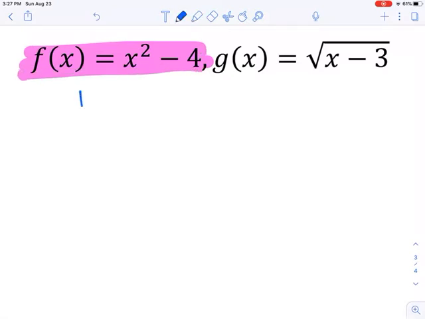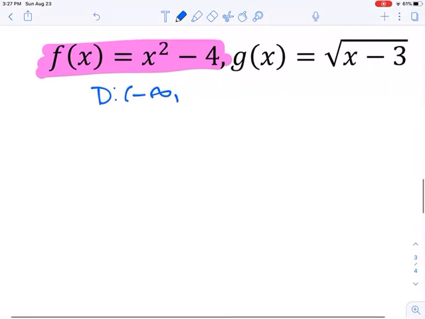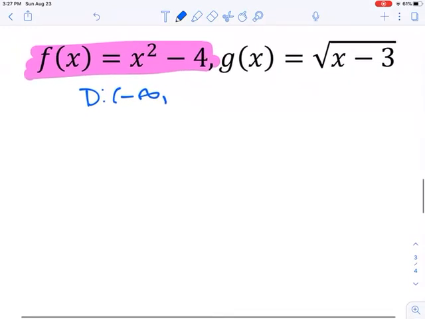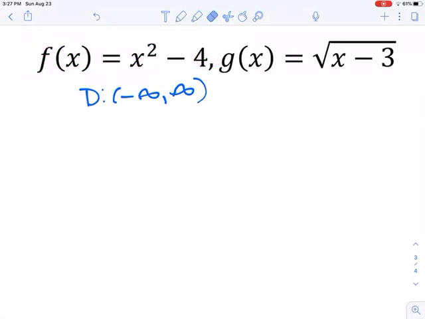Okay, so when we first think about f of x, x squared minus 4 has a domain of all real numbers. It is a parabola shifted down 4, and so we don't have to worry about the domain. A parabola always has a domain of all real numbers.